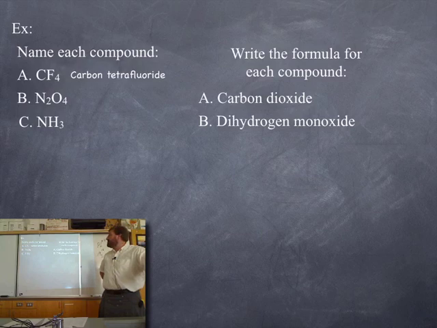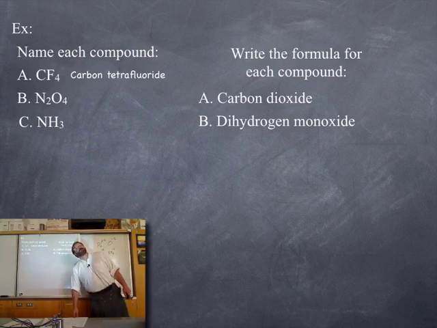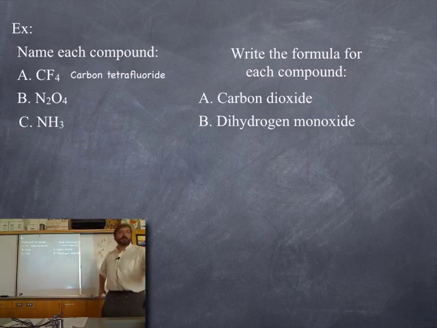Again, notice the second one still gets this "-ide" ending. So we still stick the "-ide" ending on here, just like we did for the ionic compounds. What is 4? Tetra. So N2 is going to be dinitrogen tetroxide.